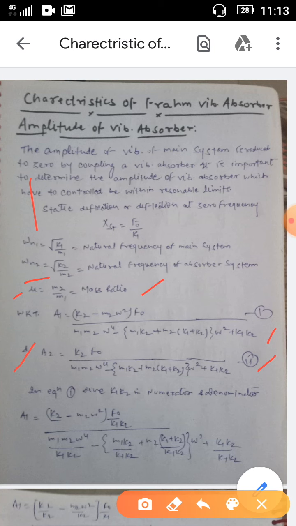So let us move to the amplitude a1 and calculate a1 in terms of frequencies. Divide by k1 k2 in the numerator as well as the denominator.